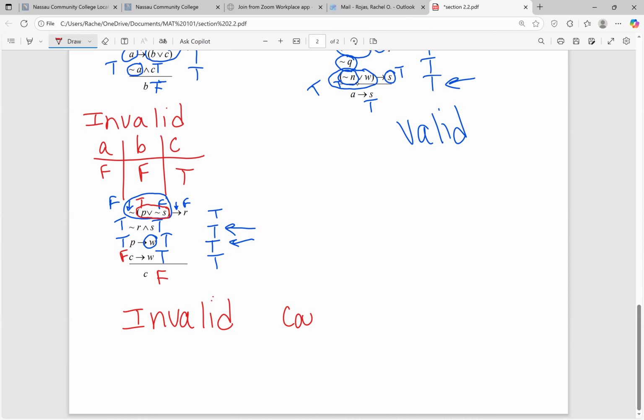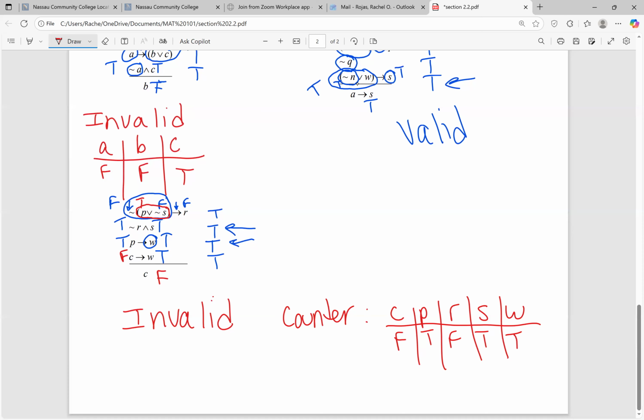So my counterexample, so we have C, P, R, S, and W would be, we just said when C is false, we determined P is true, R is false, we determined S is true, and W is true. So this would be our counterexample that shows that we do have a case where all our premises are true, but my conclusion's false.